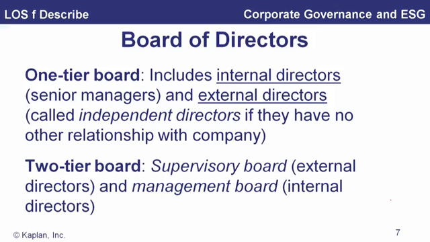In terms of the board of directors, we could have a one-tier board. And the one-tier board just means it includes internal directors and external. When we talk about internal, we're talking about employees of the company, typically senior managers, the CEO, for example, chief financial officer, chief operations officer, things like this.